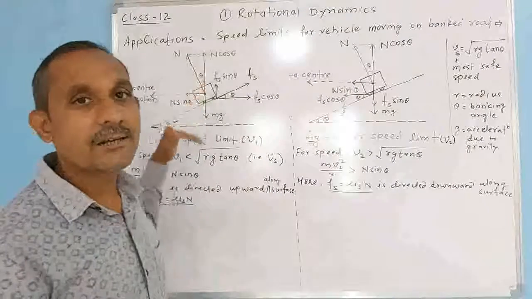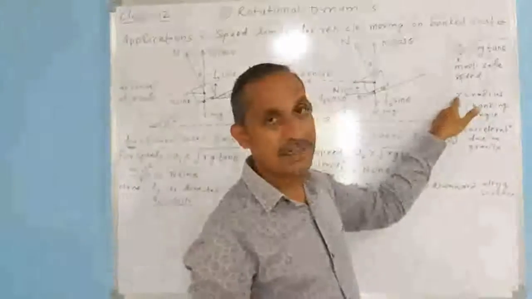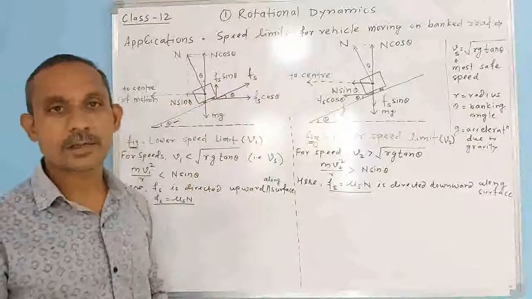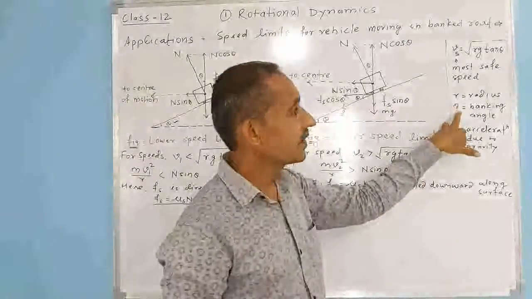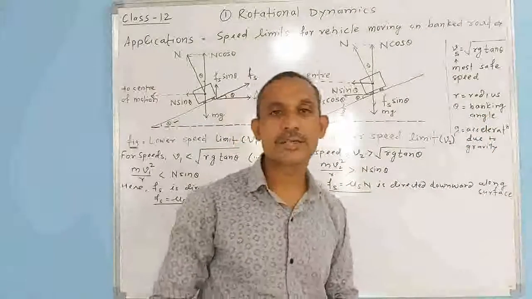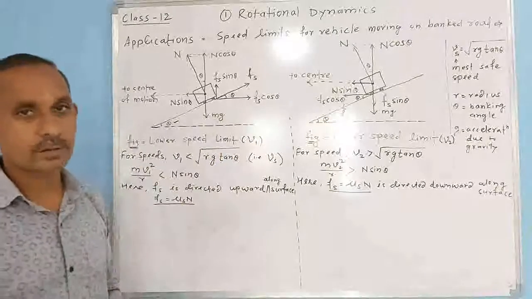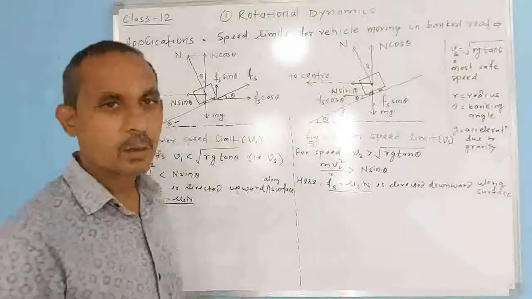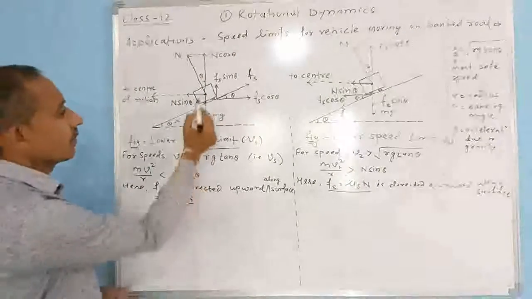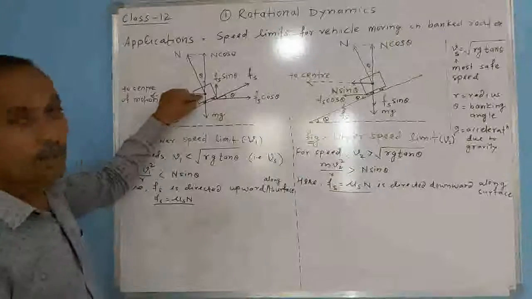The related information is R, the radius of the circular motion, and theta, the banking angle for the given banked road.